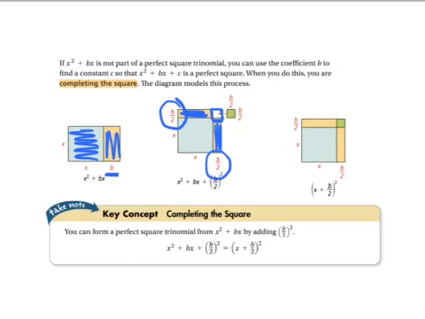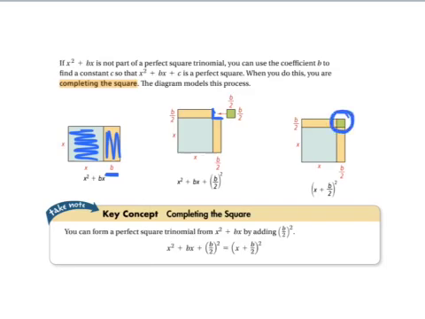So this length is b over 2, and this length is b over 2. And you know if you're trying to find the area, you just do length times width. And so we get b over 2 squared as this little green box right here.